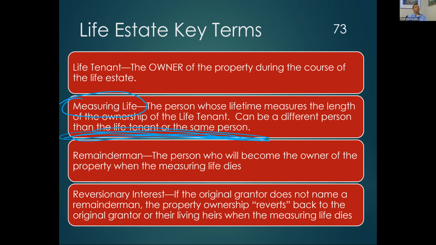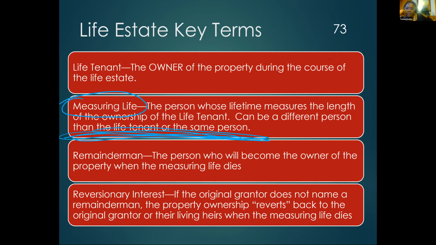What if I just said, Tasha, you own it till you die? What's the natural question? Where's it going? Who gets it after Tasha, right? If I say, Beverly, you own it until Sarah dies, well, the natural question is, who gets it after Sarah dies? If I don't say, it's the reversionary interest. It goes back to the original person, the grantor who sold it.